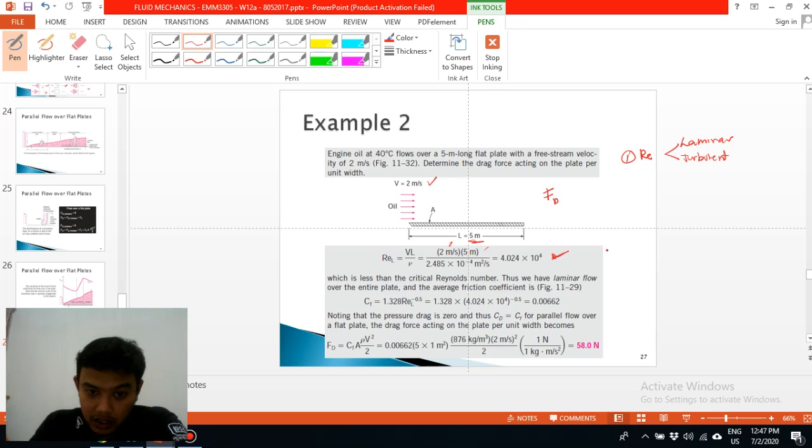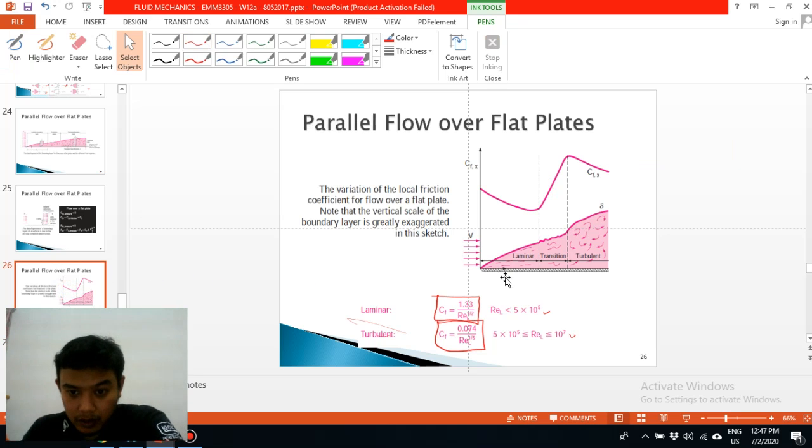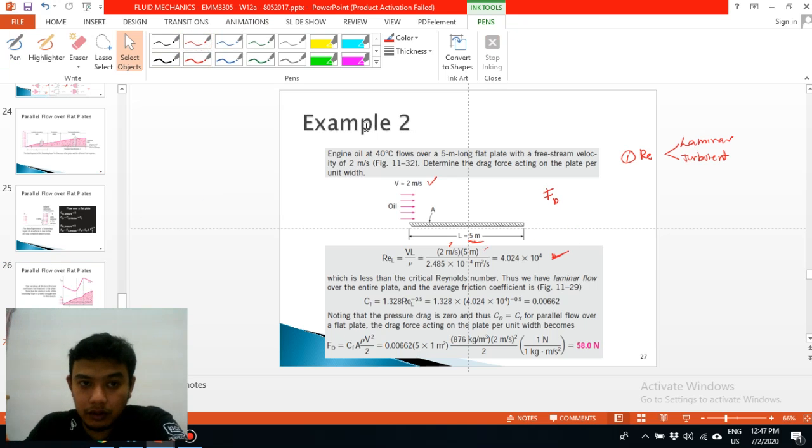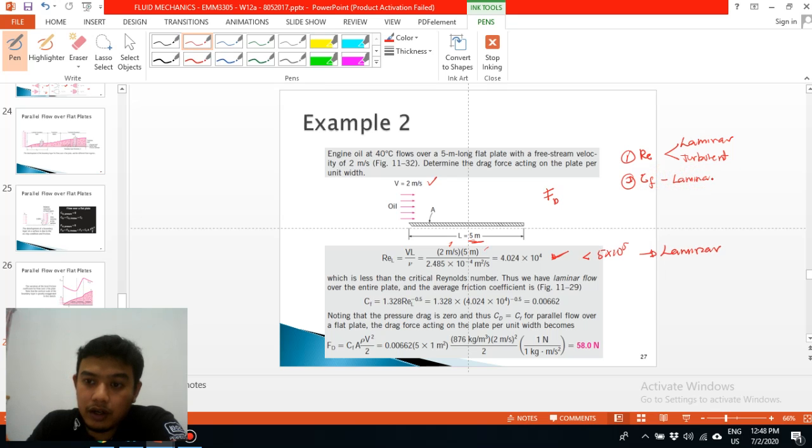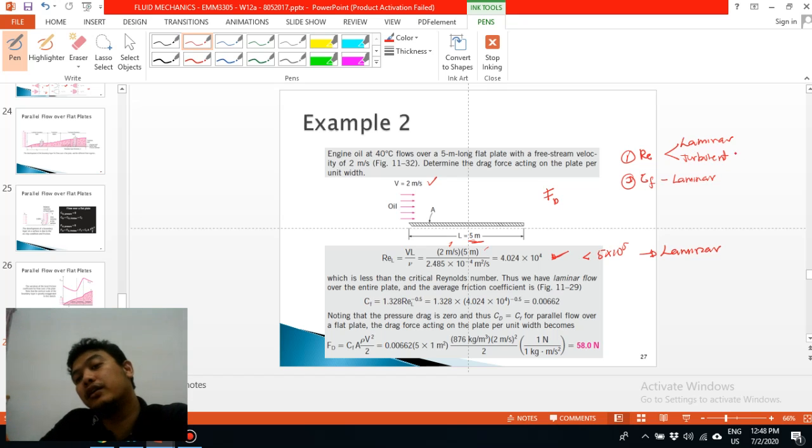We know this is below 5 times 10 to the power of 5, so automatically we know this is laminar. Based on the laminar flow, we need to use the CF formula for laminar. That's why the Reynolds number is very important. If you calculate differently, you will find different solutions.